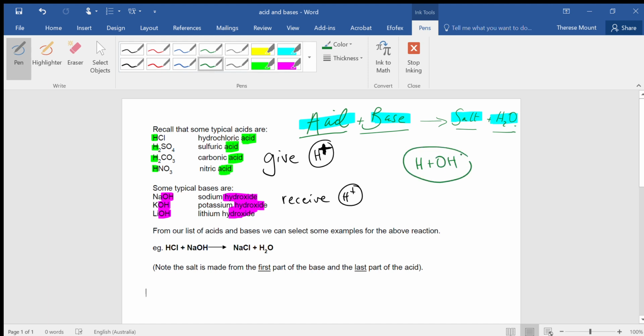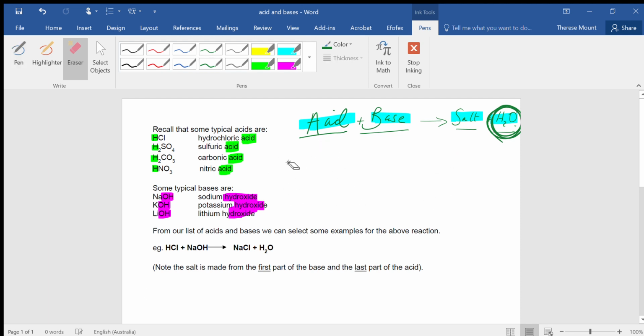If you think about those two things coming together, because the acid gives that to the base, which always has this, can we see that that's actually H2O? So that's one of the reasons why we get H2O when we have an acid plus a base reaction. That's just a quick little overview there. A little bit messy, but let's take a step back and have a look at our example down here.